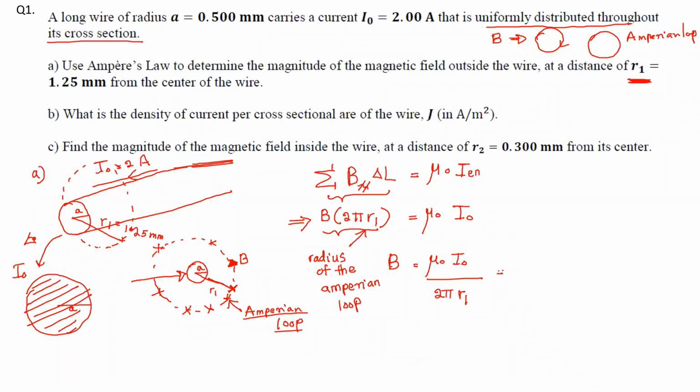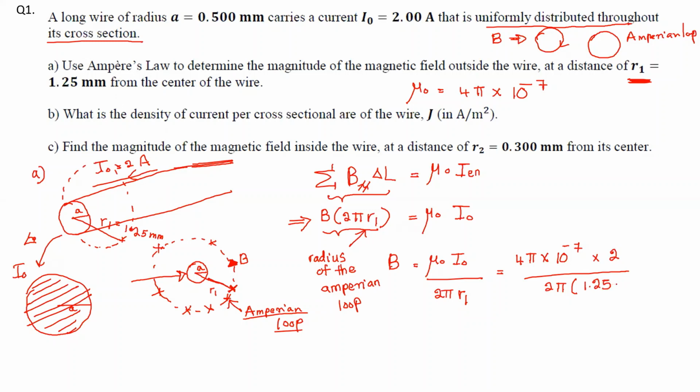If I substitute the values, do you know the value of mu naught? I should have given it to you, I forgot. It is 4 pi times 10 to the negative 7. The current is 2 amps. Then 2 pi times R1, which is 1.25 millimeters.